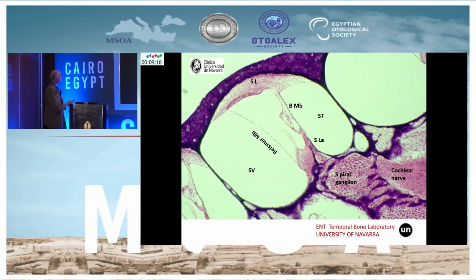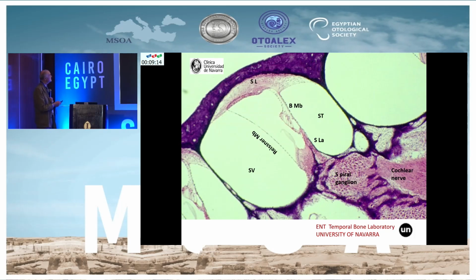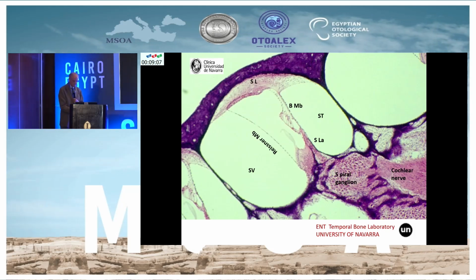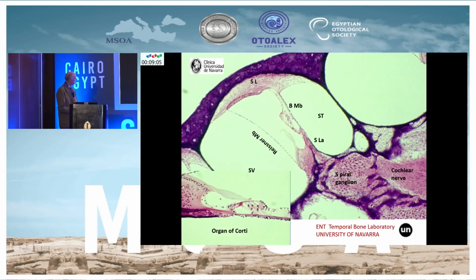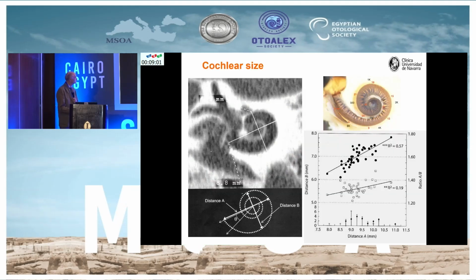This is the spiral ligament and the stria vascularis that is very important for the metabolism of the inner ear. So with more detail, the organ of Corti.